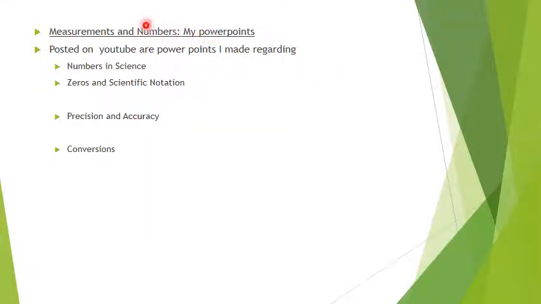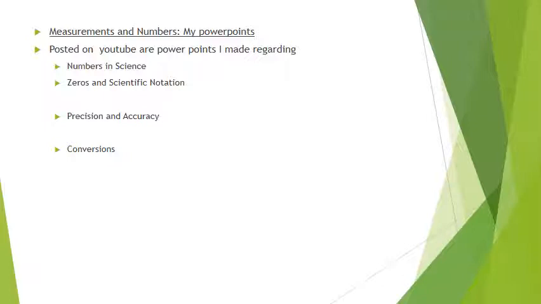The first thing we'll be doing, as far as my PowerPoints, is we'll be talking about numbers and measurements. That's a big thing about chemistry and science. I know some of you work in engineering or technology, and you work with people that record numbers all the time, and you know how important that is.